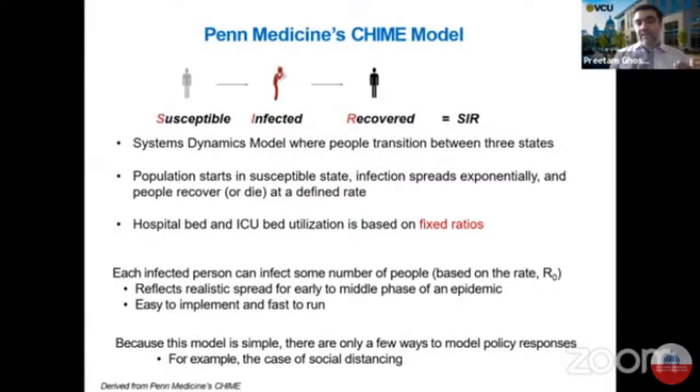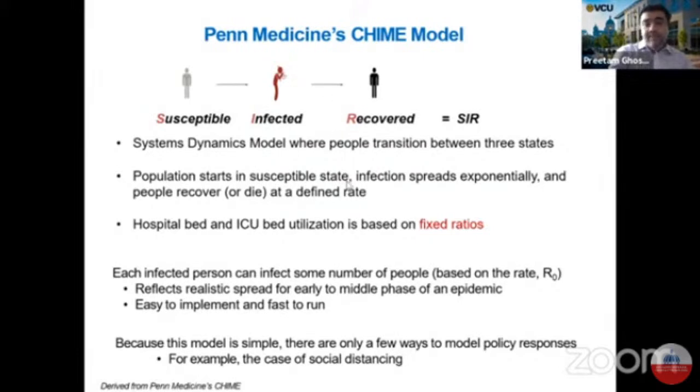So generally that is used as fixed ratios. What fixed ratios would mean is that, let's say, about 10% of the people who are infected may need to be hospitalized. So you basically use a fixed ratio of that. So your model predicts how many people may be infected in the next 1 month or so, and then you use fixed ratios to figure out how many beds and ventilators will be needed.